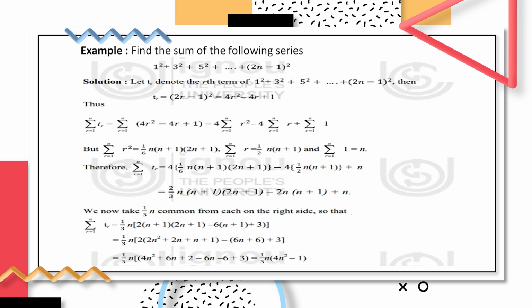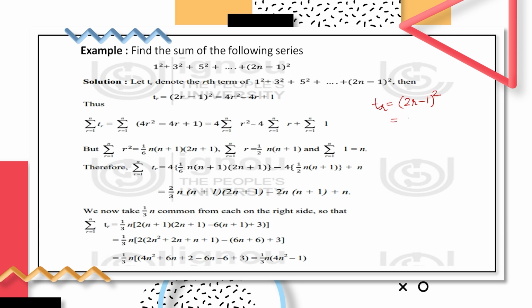Likewise, over here we are supposed to find the sum of 1 square plus 3 square plus 5 square up to 2n minus 1 square. That means subsequent odd natural numbers. So if we want the rth term, say Tr is the rth term, then that will be odd, so that should be 2r minus 1, and because it is a pattern for the square of the number, it should be Tr equal to 2r minus 1 whole square.